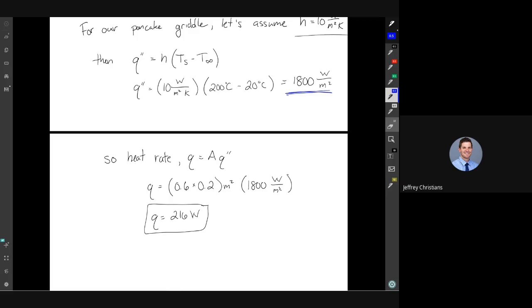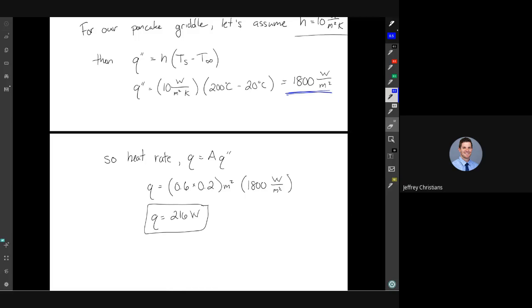If you had a smaller griddle, you're going to have a different H. So if the H is the same, yes, but that depends on all of the details. And we'll see, as for now, we won't care. We'll just make up numbers. This is how we're going to deal with convection for the next long time. We'll just say, let's say it's 12, and that's all we're going to think about it. And we'll come back and we'll build some of that complexity in.